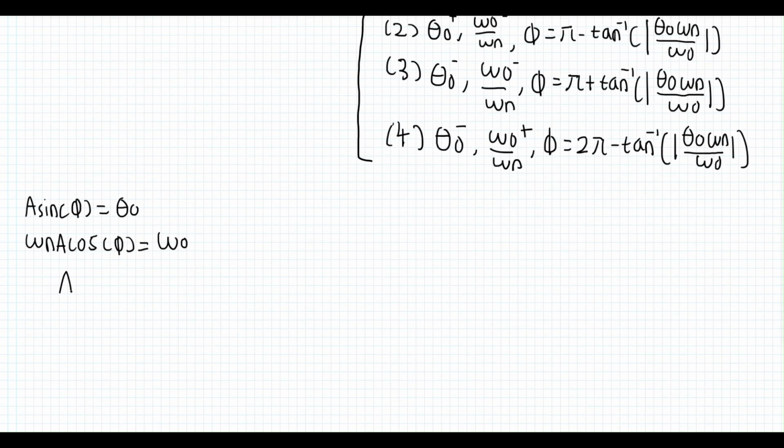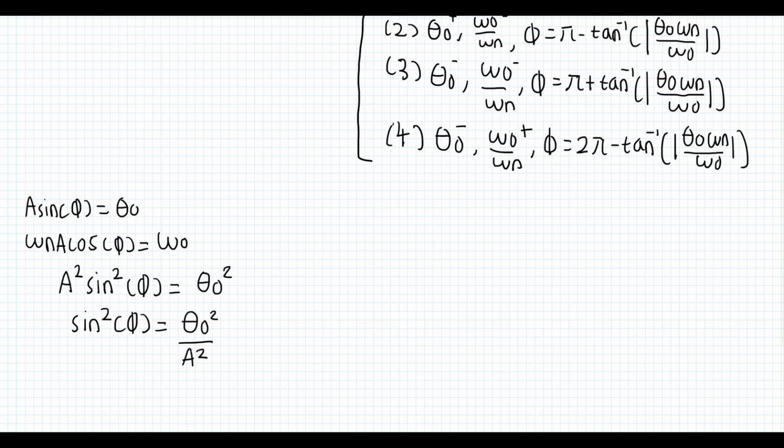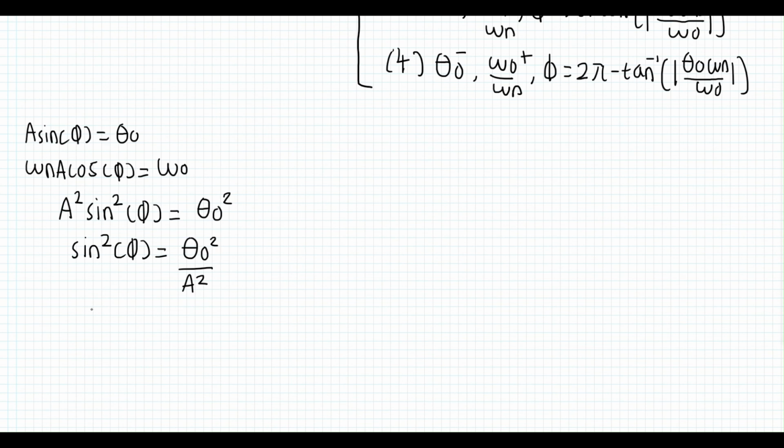So let's take the first equation. That's just going to become A squared sine squared phi is equal to theta naught squared. And to clean that up a little bit, we're just going to divide both sides by A squared. So that's going to become sine squared of phi is equal to theta naught squared over A squared. And for the second equation, it's going to become omega n squared A squared cosine squared of phi is equal to omega naught squared.